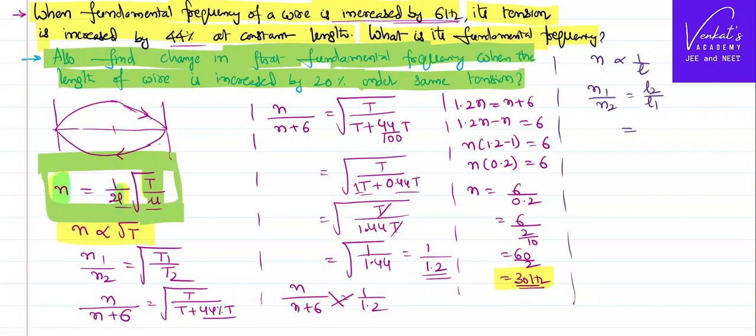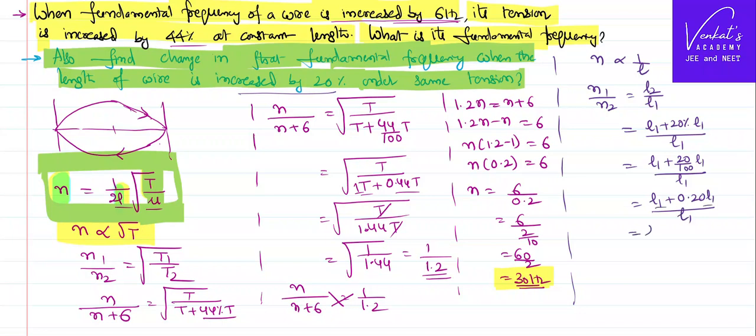He said the length is increased by 20%, so L2 is L1 plus 20% of L1, like the previous case. So 20% means 20 by 100 of L1, divided by L1. 20 by 100 is 0.20. If I take L1 common, 1 plus 0.20 over L1.